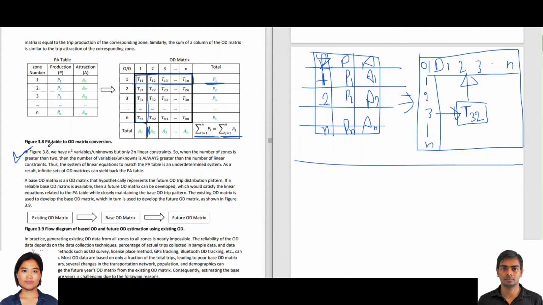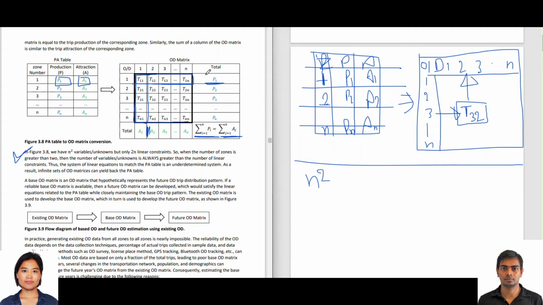What this paragraph says is we are trying to find all these variables. The number of variables in this matrix is n square, such that the sums of the horizontal rows match the information we have. We have Pi, we have Ai. That's all the information we have. So we have P1, A1, P2, A2.